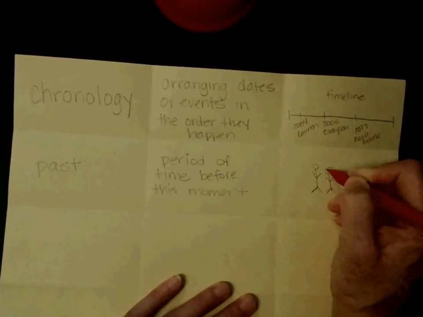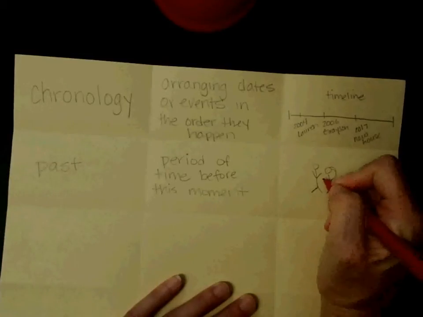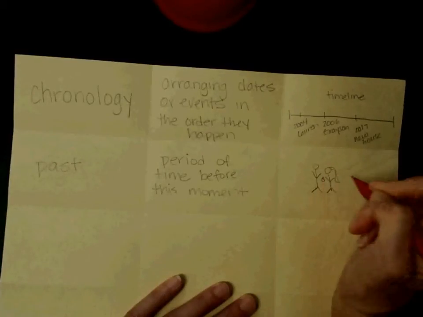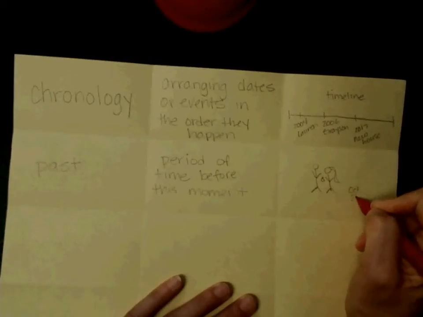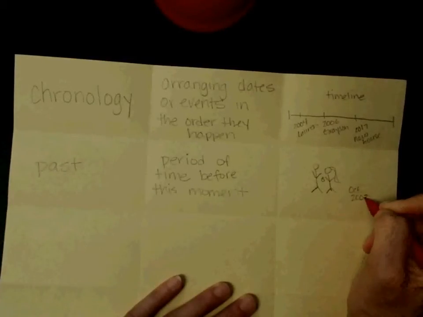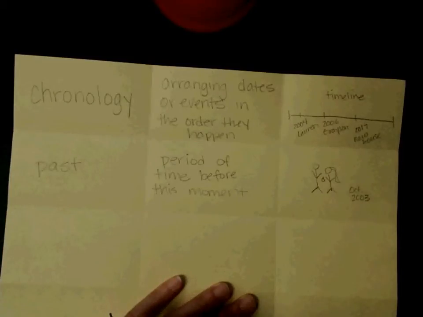I'm going to put a long veil on me. And I'm going to put a little ring. There you go. We got married in October of 2003. So that was in the past. Obviously your picture should be something that happened in your past. It could be something that happened over the summer, 2 years ago, 5 years ago. It's the past.